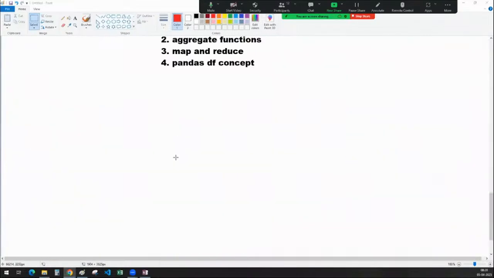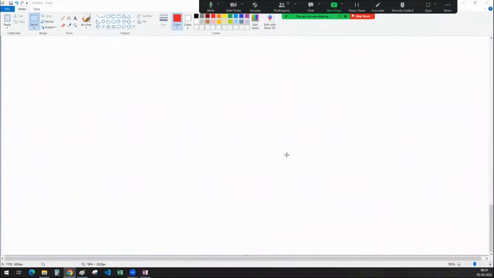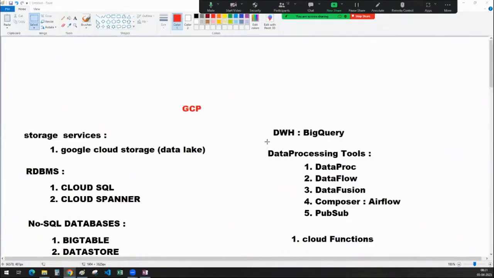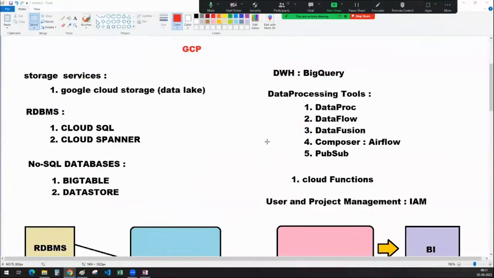Before that, I want you to understand how to create a free tier account. I will tell you tomorrow itself; it won't take more than 5 or 10 minutes. This is the course content and everything, guys. If you have any questions, you can ask me. Otherwise, if we have time, I will tell you how to create a free tier account today itself.